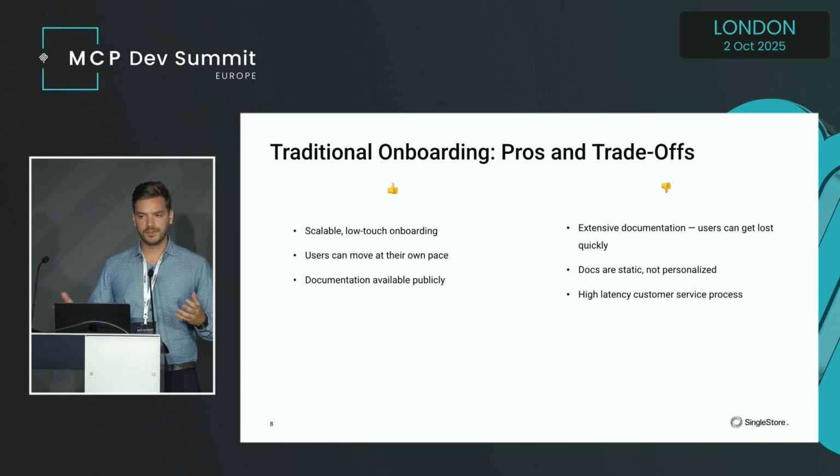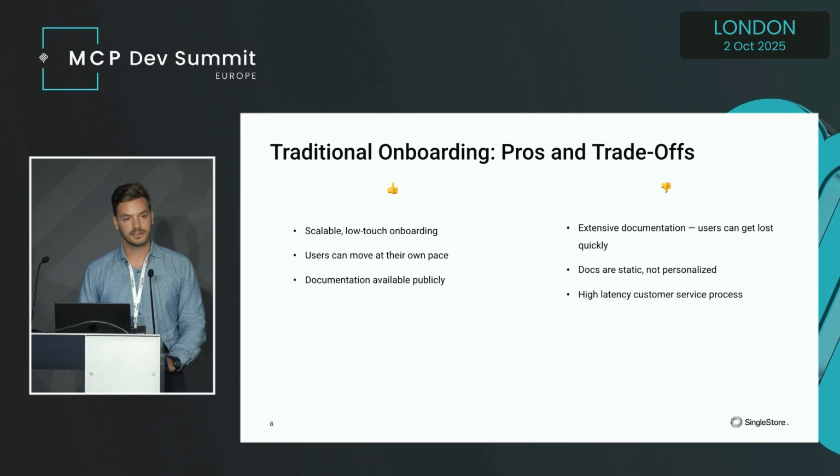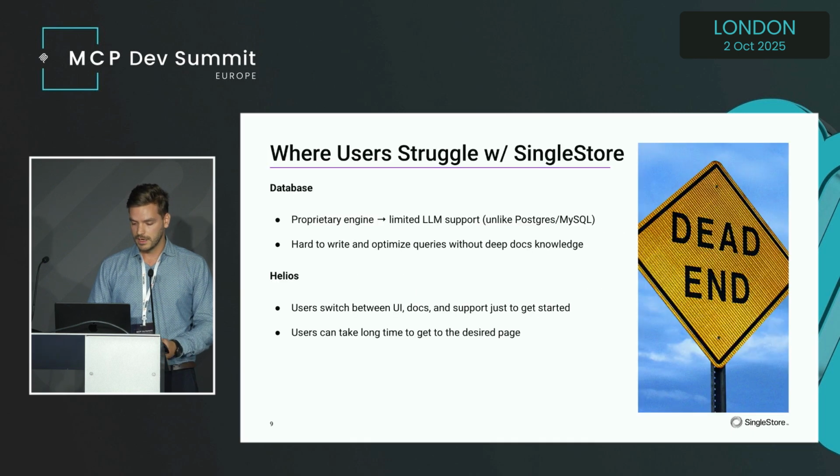And if a customer faces a problem while reading the documentation that they don't understand, or the problem they're facing is not present there, they would probably open a ticket with us, and this will lead to a high latency customer service process.